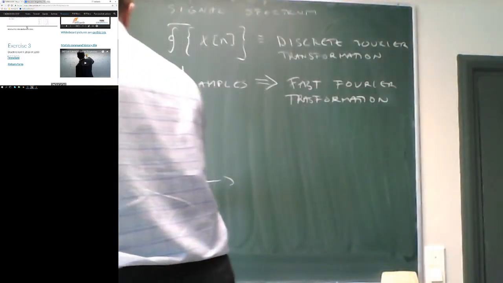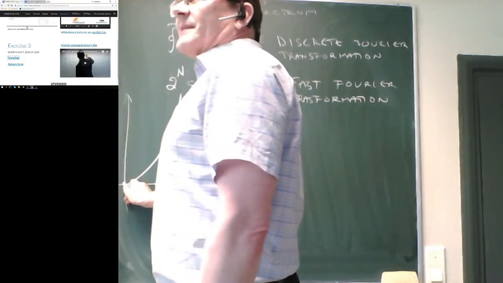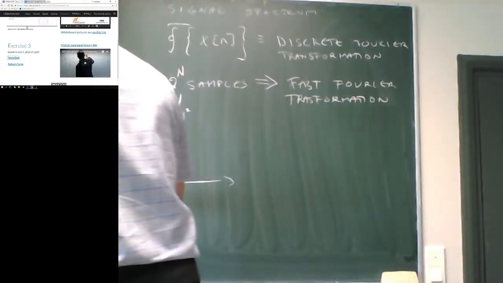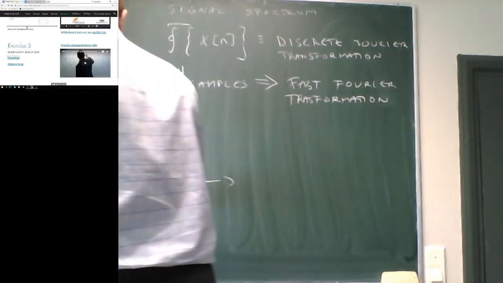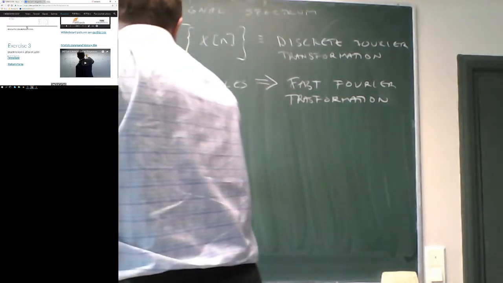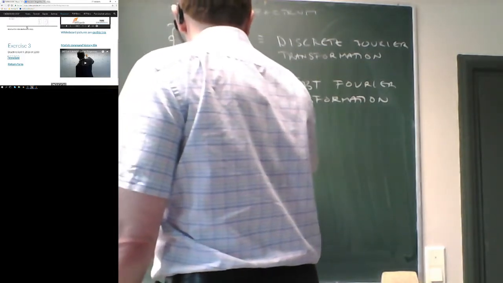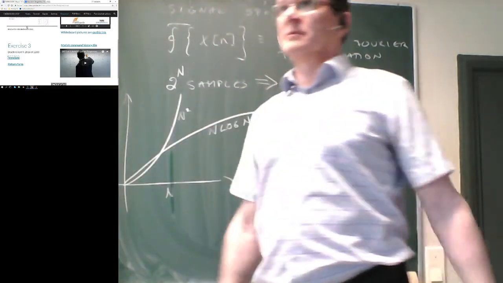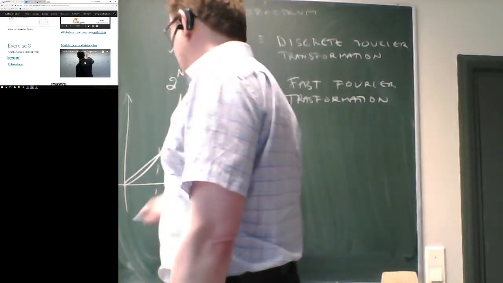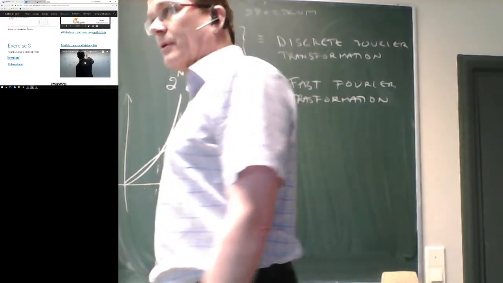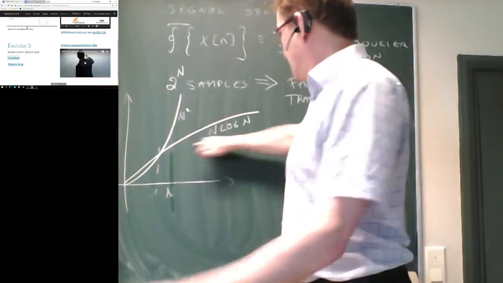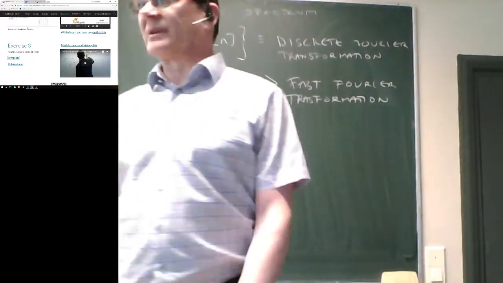In the beginning it's a little bit slower because of the overhead of dividing, but very rapidly it follows an n log n curve. With only 4 or 5 data points, you can already start using the fast Fourier transformation.